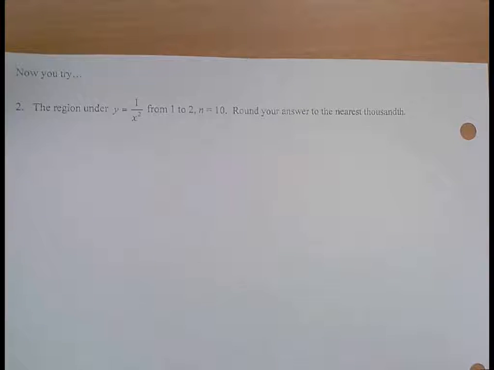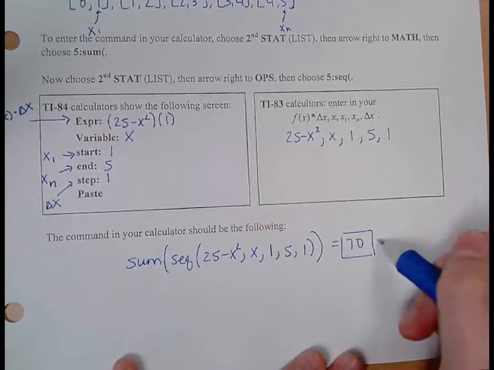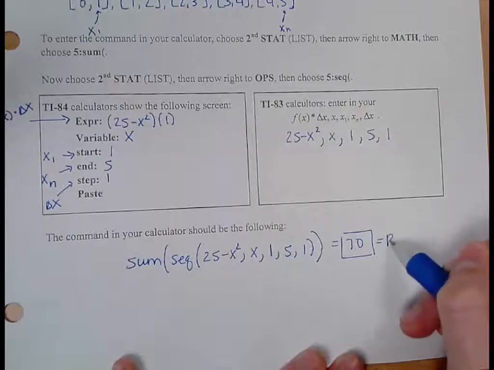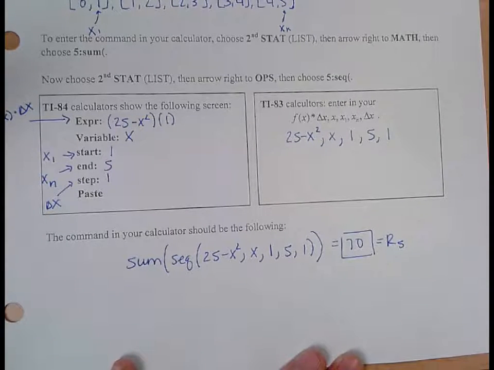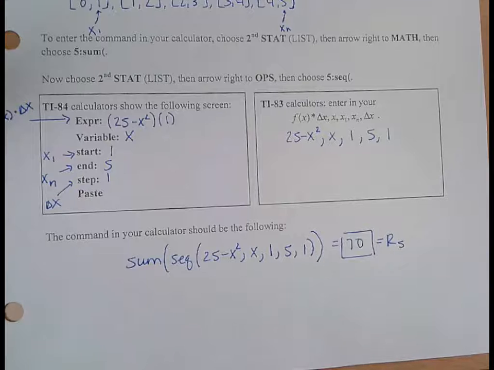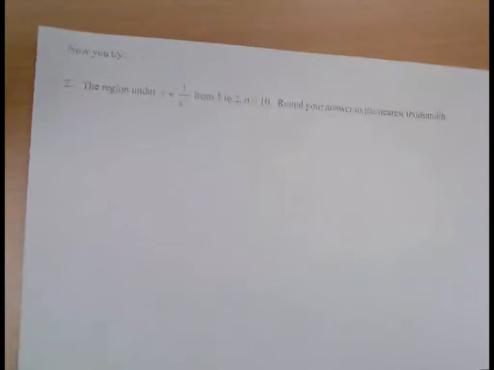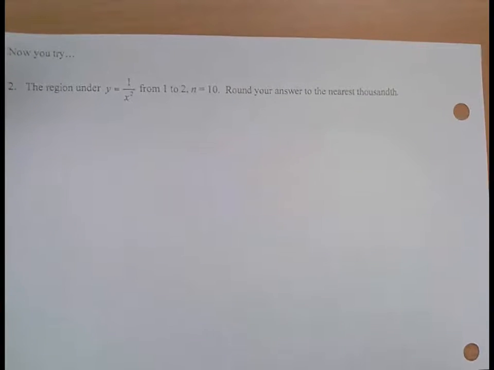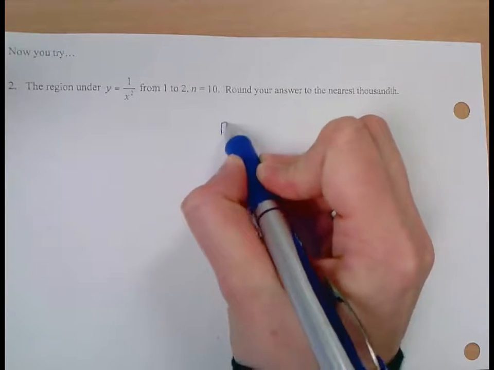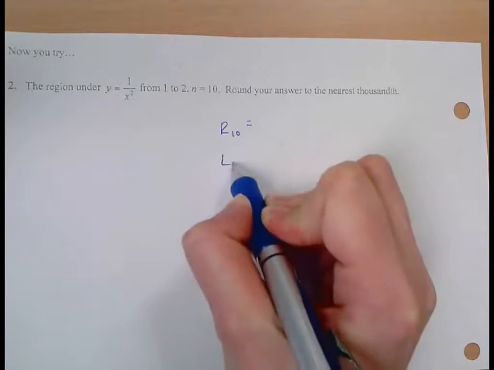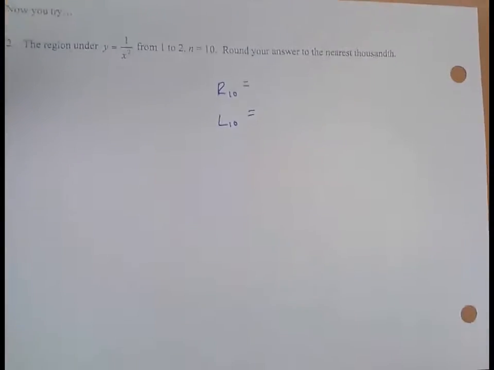Find both the left and the right approximation. So for number 1, the 70 is just the right endpoint. This would be R sub 5, right endpoints with 5 rectangles. So for number 2, find R sub 10 and L sub 10. Find both.